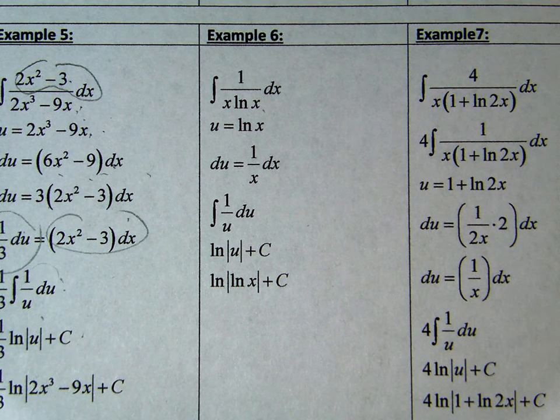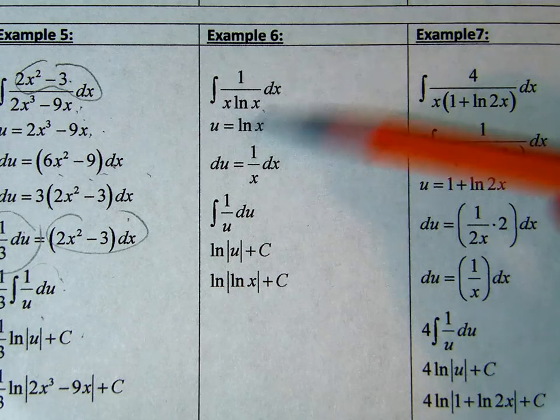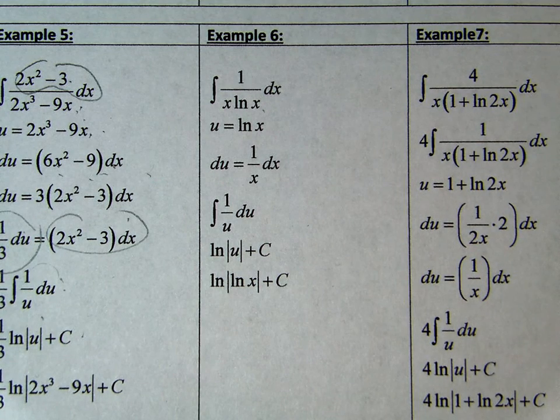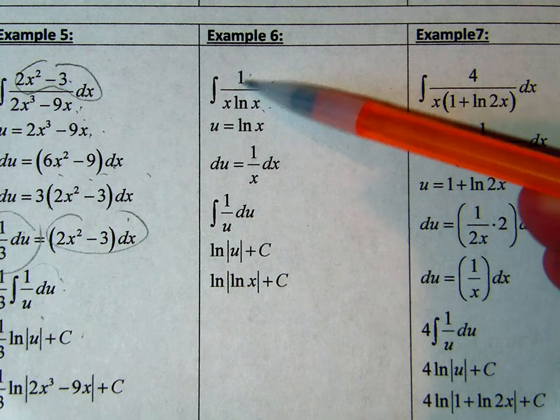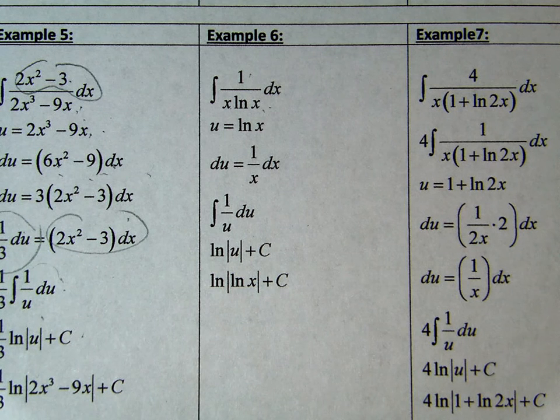So, going back to the bigger picture of u substitution, if we take the derivative of something that's in that problem, does it produce something else that's in that problem? So what I mean by that is if we take the derivative of ln of x, it gives us 1 over x. So that's our clue. That's a strategy that we should consider.